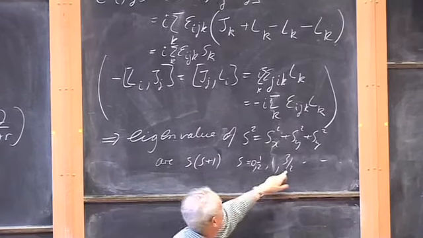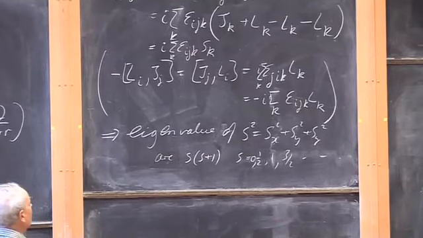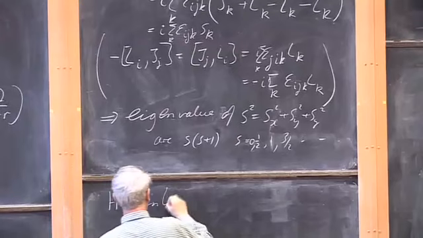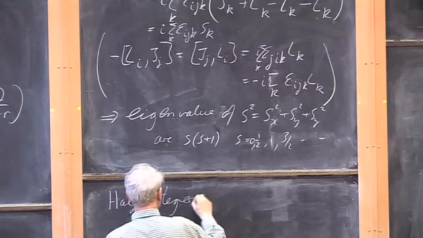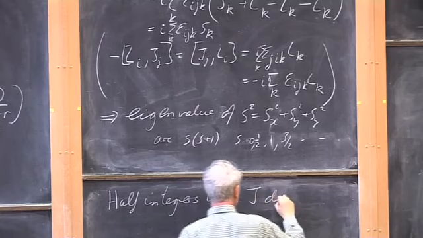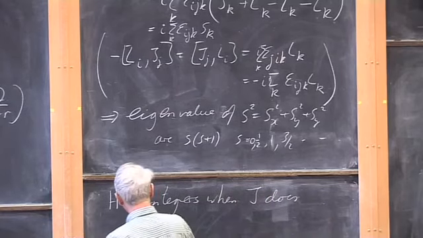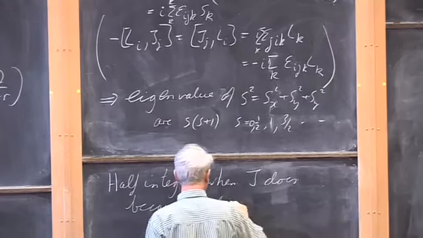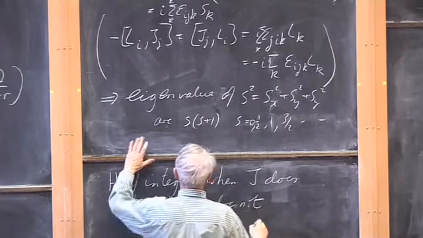Are the half integer values allowed? Answer, you will have a half integer when J does, because L does not. Why is that?